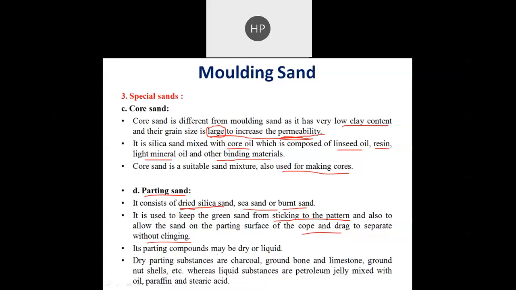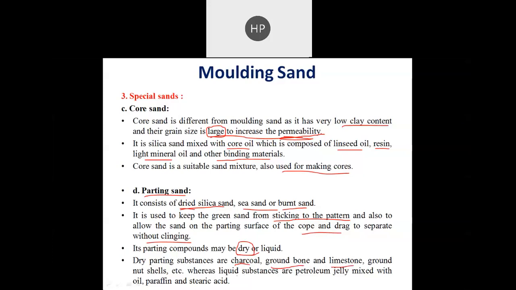And parting compounds may be dry or liquid, but generally we use dry. Dry parting substances are charcoal, ground bone, limestone, ground nut shells, etc. We can use these as parts of the dry sand.